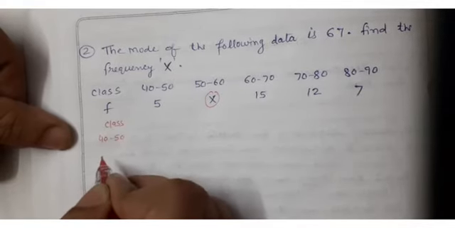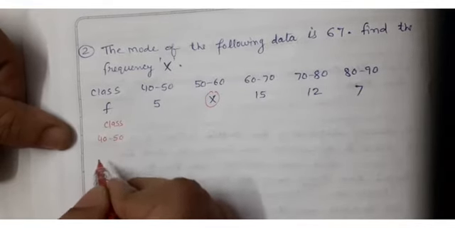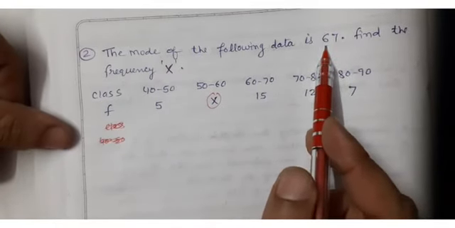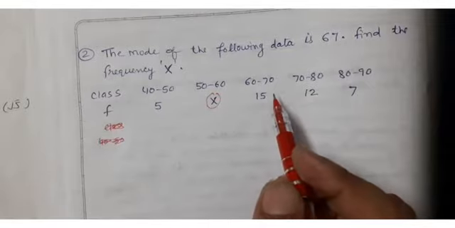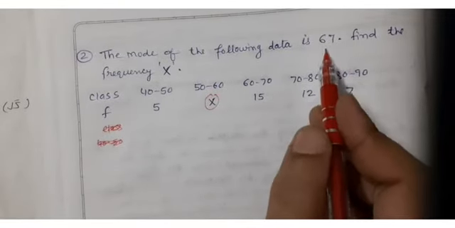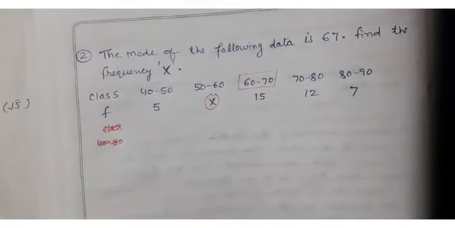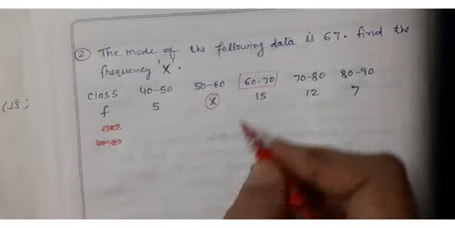40 to 50. What is clear? Mode is given to you, 67. Then where will the mode lie? On which class? Because it is 67, no? Mode will be in this class. This is called the modal class, no?